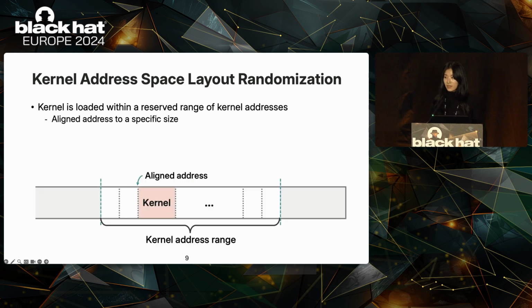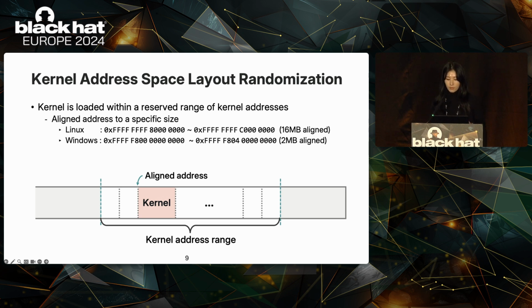To break KASLR, we need to understand how it's implemented. Actually, the kernel isn't placed completely at random. Instead, it is loaded at aligned addresses within a predefined range that is reserved by the operating system. For example, operating systems like Linux and Windows load the kernel into one of these predefined ranges.